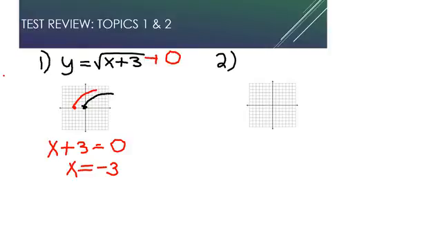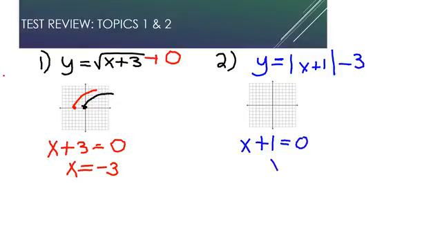Okay, so with number 2, the next problem is y equals the absolute value of x plus 1 minus 3. This one I'm going to shift to the left. X is going to equal negative 1.